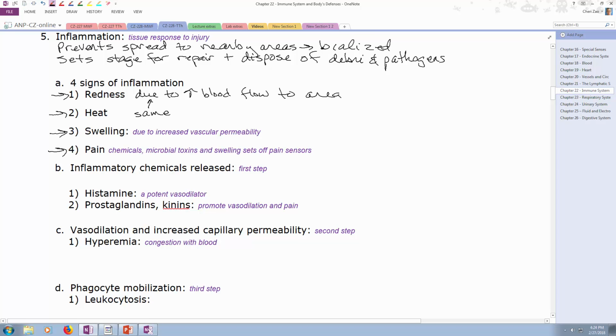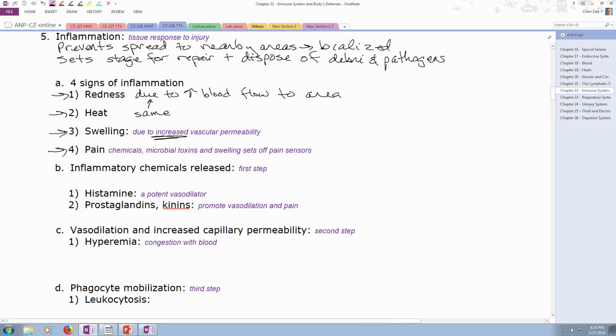Whenever you vasodilate, blood will flow in the area, and blood is nice and red, and so the area will turn red. Also, blood is nice and warm, and the area will turn hot. And what will also happen is we will have swelling because with inflammation, we have increased vascular permeability, which means we're making the vessels that have dilated and are bringing more blood to the area more leaky. Not to the cells, but to the fluid. So increased vascular permeability.